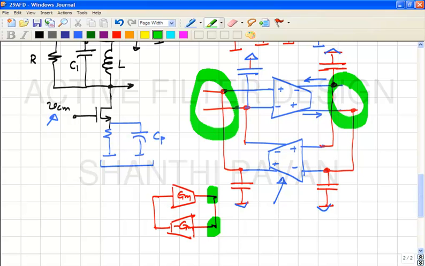Correct. As long as each common mode voltage is held properly, we are happy. This loop is only set up with the intent of realizing a gyrator for differential mode signals. Is that clear? Okay.